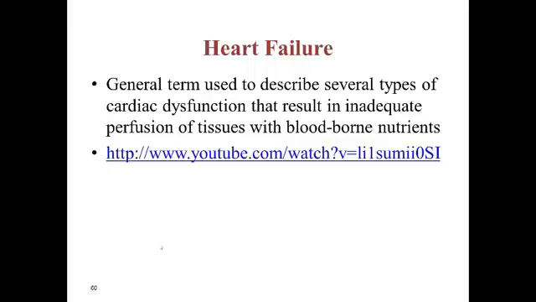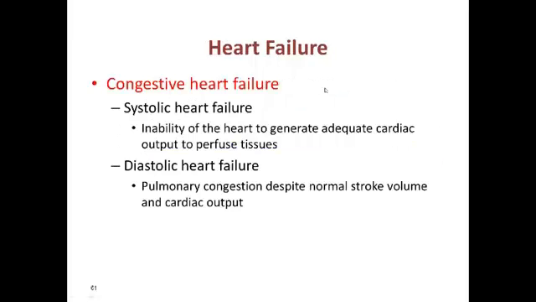So when the left side of the heart fails, you have either a decreased forward flow or an increased backup of flow. If you have a decreased forward flow, you get symptoms of fatigue, weakness, shortness of breath. If you have symptoms of increased backflow, you get pulmonary congestion, which then turns into shortness of breath, orthopnea, and paroxysmal nocturnal dyspnea.